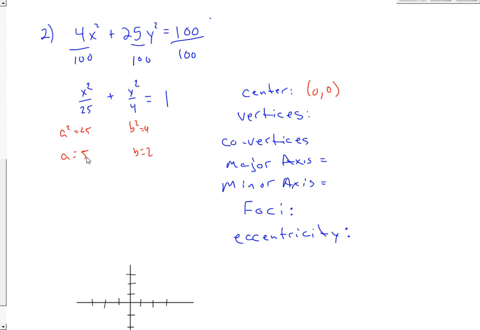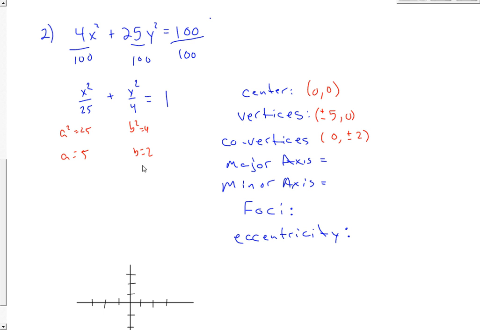My vertices, add the 5, so positive and negative 5, add and subtract the 5 from the x value. So I get 5, 0 and negative 5, 0. My co-vertices are going to be added and subtracted from the y value. So I get 0 and then positive and negative 2.